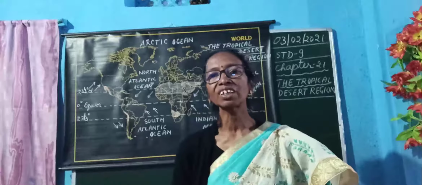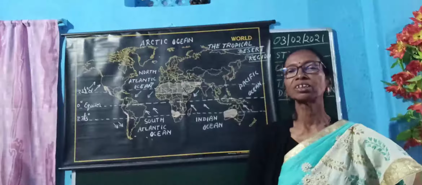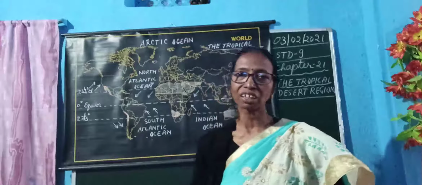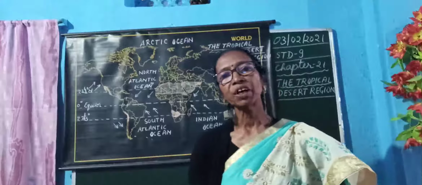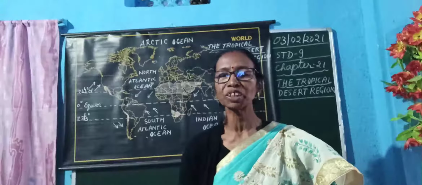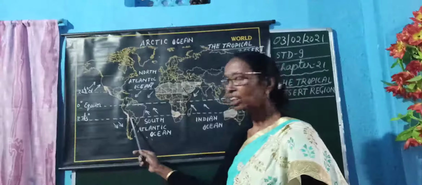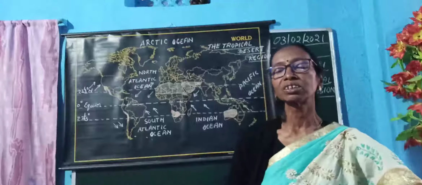Due to the intense heat, clouds cannot be formed, and therefore there is very less rainfall. Every part receives very less rainfall, less than 25 centimeter. Above all the deserts, Atacama Desert is the driest desert in the world.